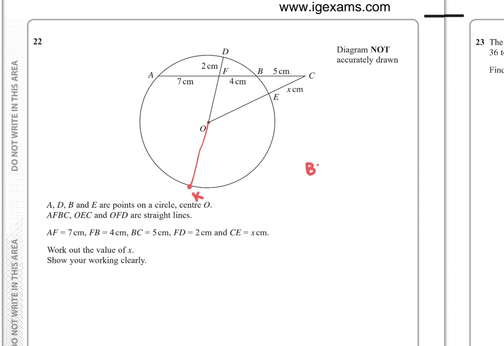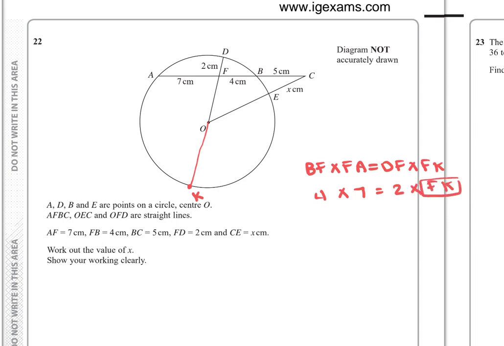BF equals 4, FA equals 7, DF equals 2 times FK.